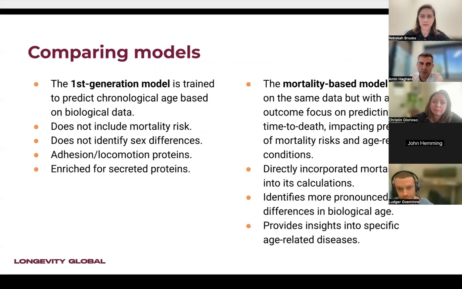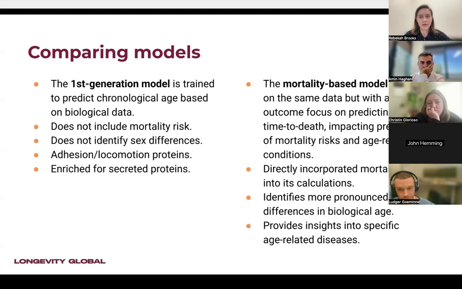All right, so then just comparing these first two models, one being the first generation or more chronological age-based model, and then the other being the mortality-based model, where there's more pronounced sex differences. It's using mortality risk in its calculation, and it provides maybe more specific age-related insights, or age-related disease insights.